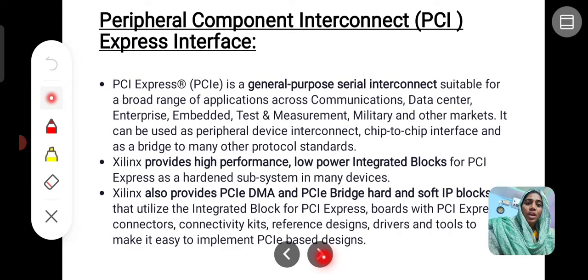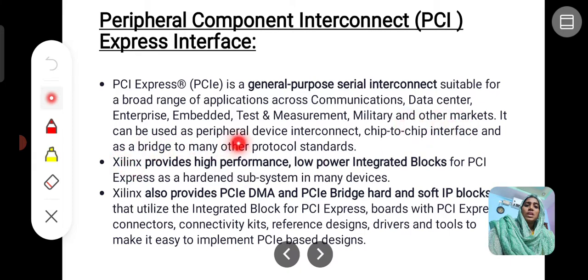In Xilinx FPGAs we have different features. One of the important features is the Peripheral Component Interconnect, PCI Express. PCI Express is a general purpose serial interconnect suitable for a broad range of applications across communications, data centers, enterprises, embedded, test and measurement, military and other markets.